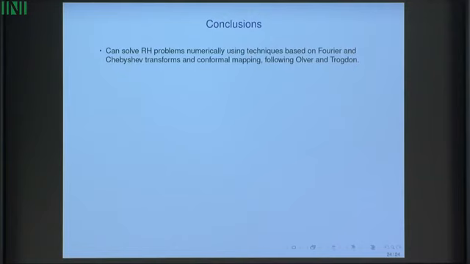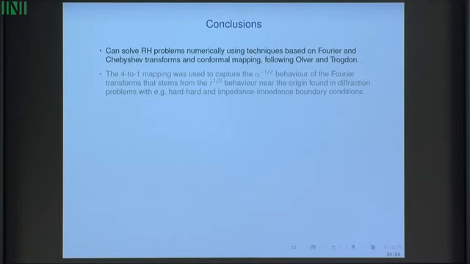They will be talking Wednesday, Thursday, and Friday. We saw that the idea of using these rational mappings with multiple inverses helped us to capture the square root behavior near the origin, which was associated with hard or impedance boundary conditions.